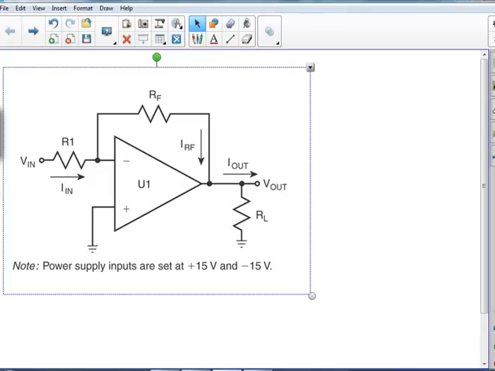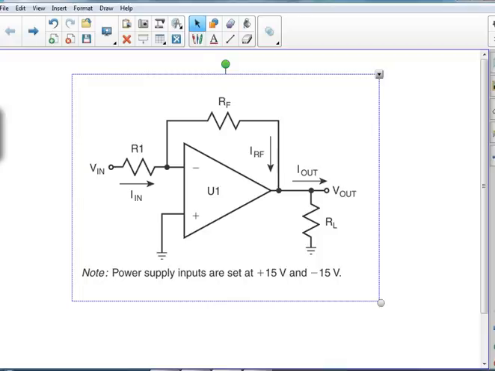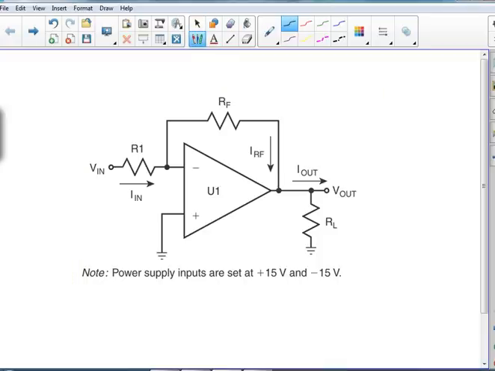Okay, so now we've dealt in the past with things called grounds, have we not? Yes. So we've had a ground, and we've had a digital ground, right? So today we're going to have a virtual ground.